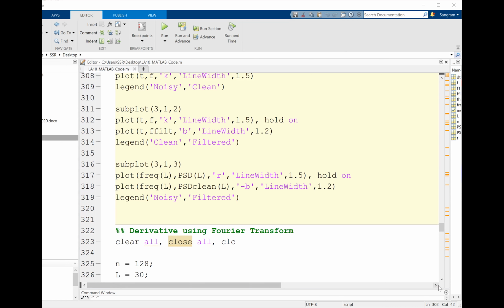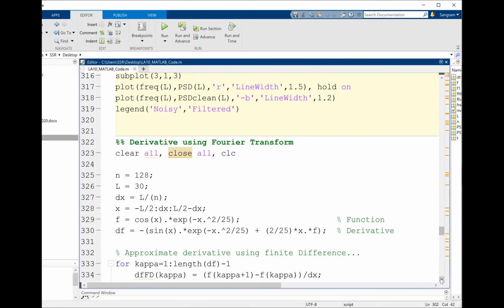So to convince you further, here is a non-standard application of Fourier transform, wherein I'm finding the derivative using Fourier transform. Did anyone say that you can? Do you know that you can find derivatives using Fourier transform?